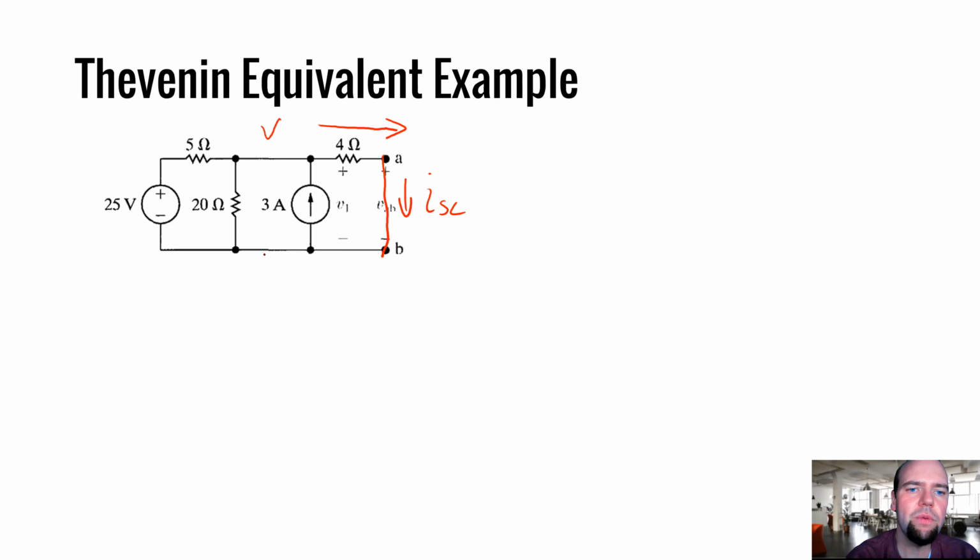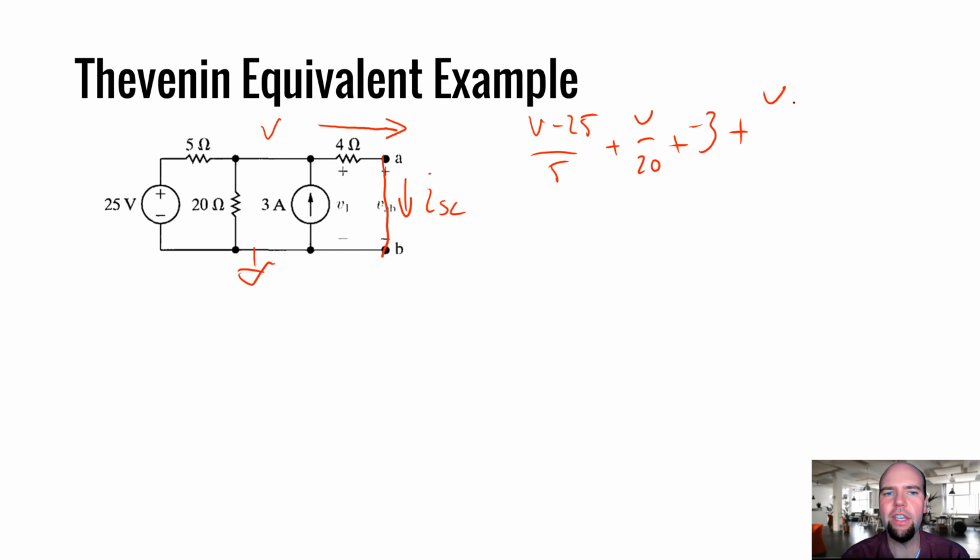So we'll call this V. We'll call this our reference. So now our math is going to be (V minus 25) divided by 5 plus V over 20 plus -3 plus, here's the part that's different, V divided by 4 equals 0. Again, I can multiply this thing through by 20 though.